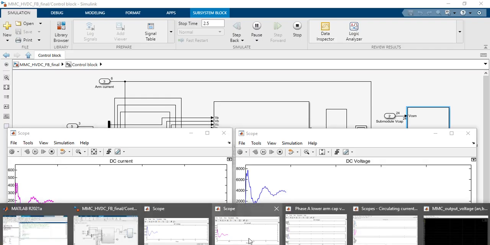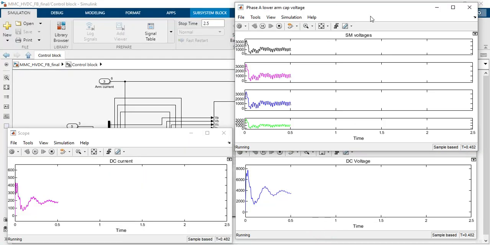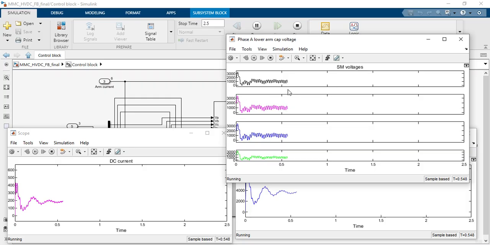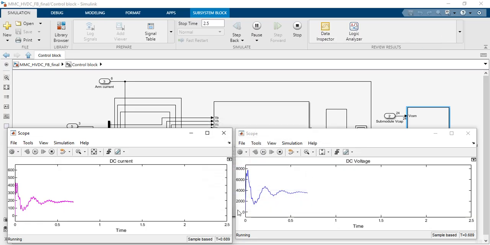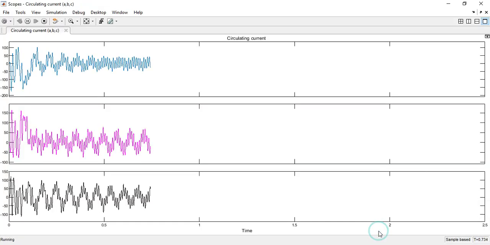We also have other parts such as the submodule voltage. It is also somewhere around 1000 volts, right? We are also controlling the circulating current.